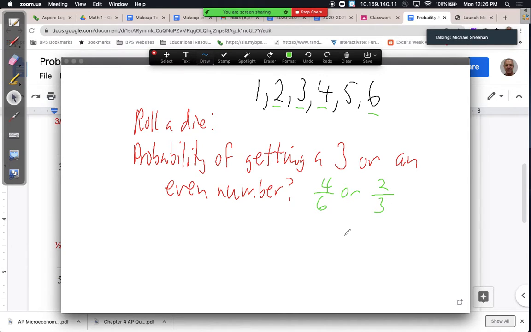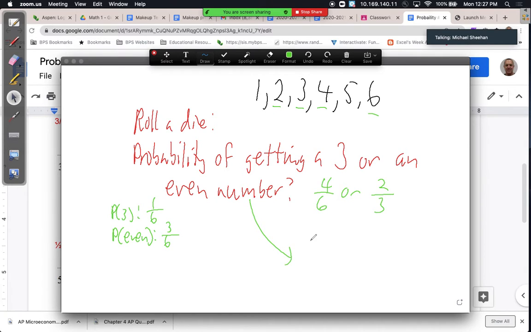Now, you'll notice with AND problems, we're always multiplying probabilities. With OR problems, we're going to add. There's 1, 3, right? So the probability of a 3 is 1 out of 6. The probability of even is 3 out of 6.